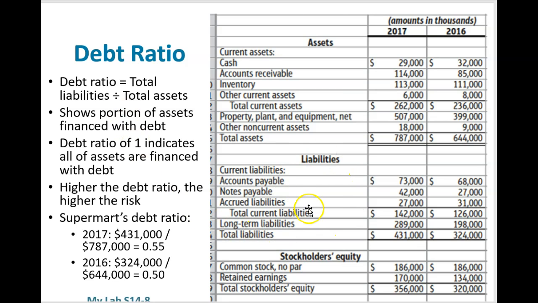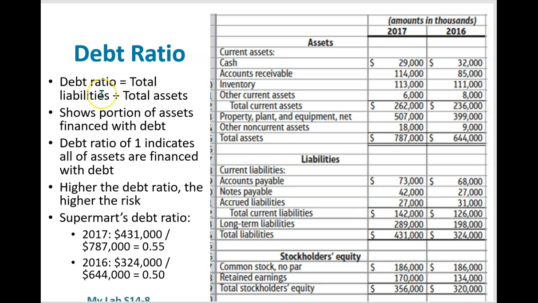In other words, it's like debt versus equity. Our assets are financed by the liabilities and stockholders' equity. So you can see here that our liabilities are funding more than 50% of our assets. It's less financed by stockholders' equity.